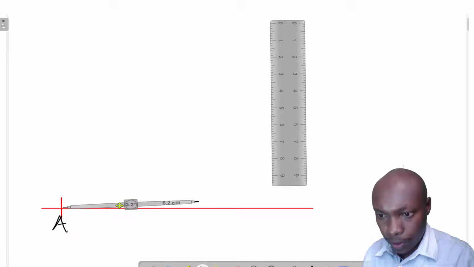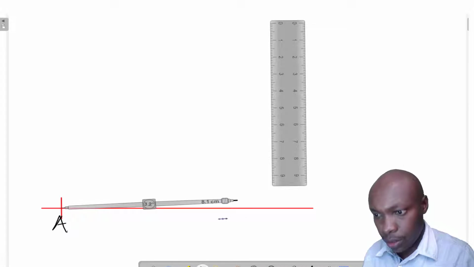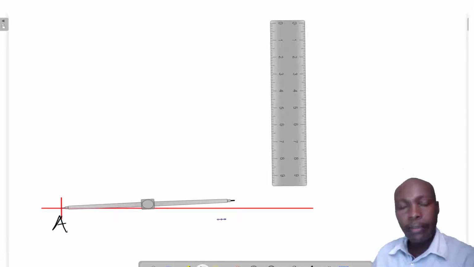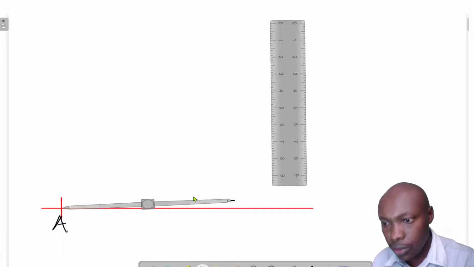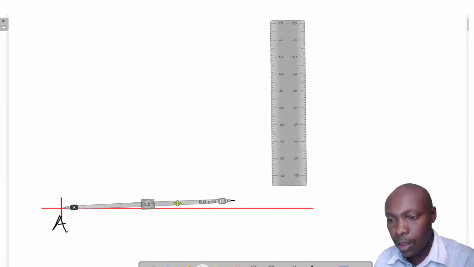So I want to use a pair of compasses to measure 8 kilometers. Remember, the scale is 1 centimeter to 1 kilometer. So if we're measuring 8 kilometers, that will be 8 centimeters. When you look at this, it is definitely giving me 8 centimeters.